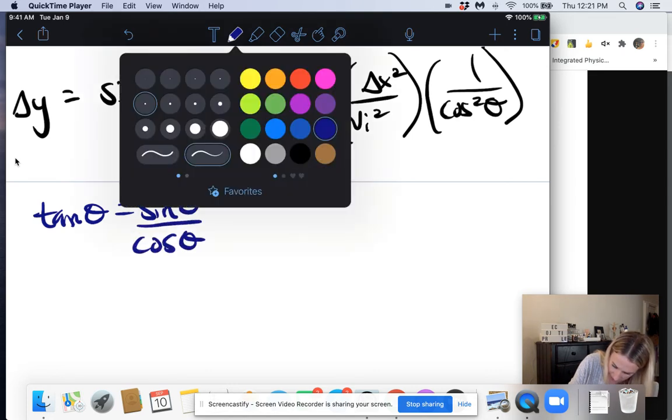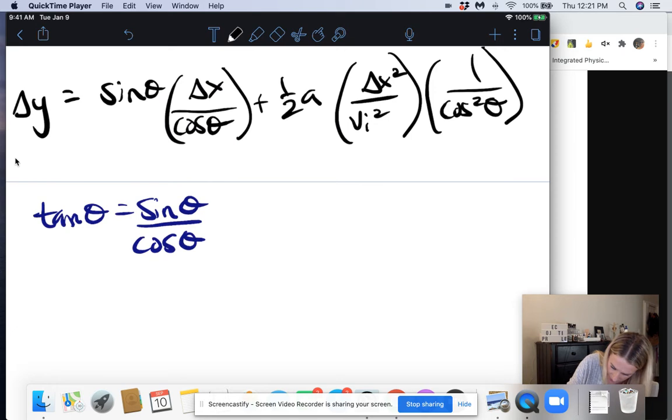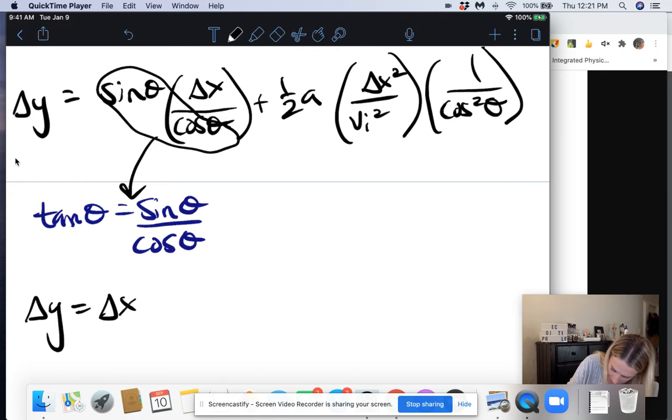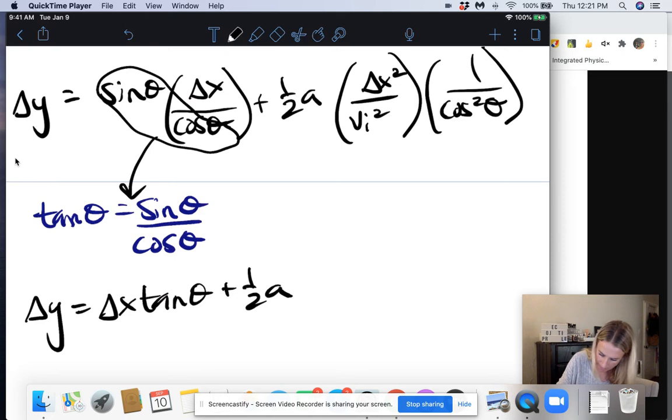So I can plug that in for this right here. So I get delta y is equal to delta x times the tangent of theta, plus 1/2 a times that delta x squared over v initial squared.